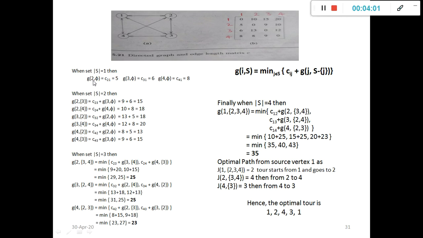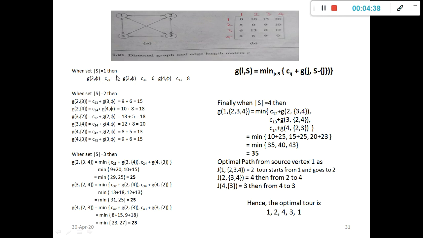From the last vertex 2, he does not visit any next vertex, which is represented here by phi. That means he finally returns to the source vertex 1. So the cost G of 2 comma phi is equal to the cost of 2 comma 1, which is 5. You get this cost of 2 comma 1 from the table.